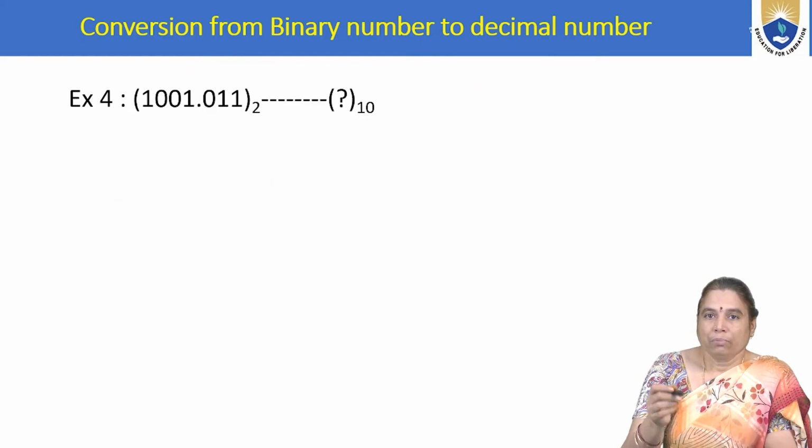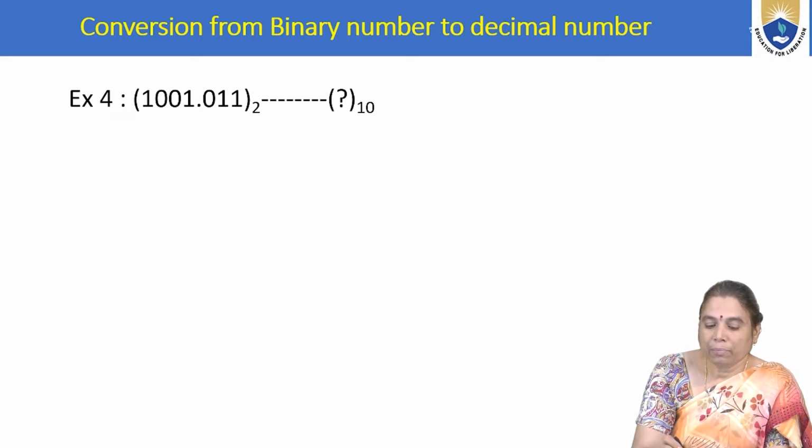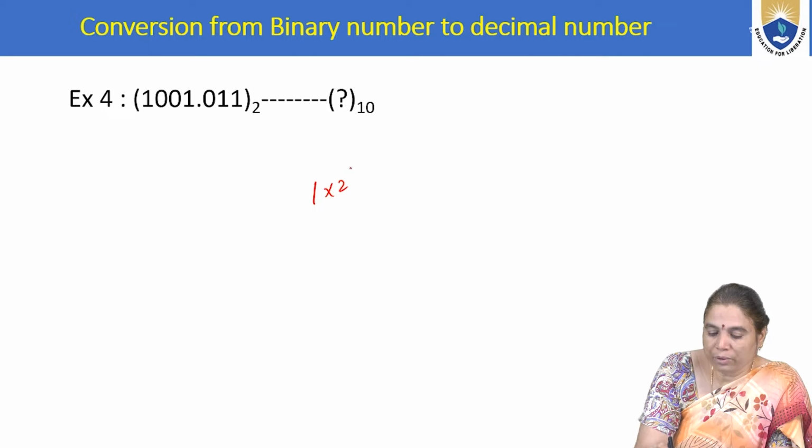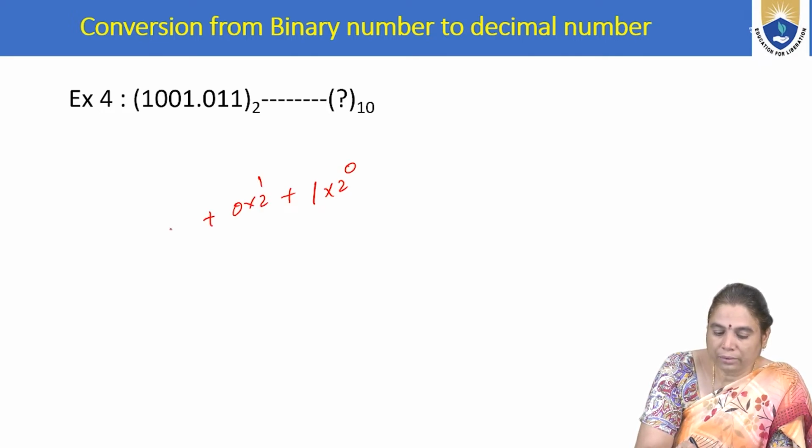Next, consider one more example where the positional values have to be converted. So here 1 into 2 power 0 plus 0 into 2 power 1 plus 0 into 2 power 2 plus 1 into 2 power 3.